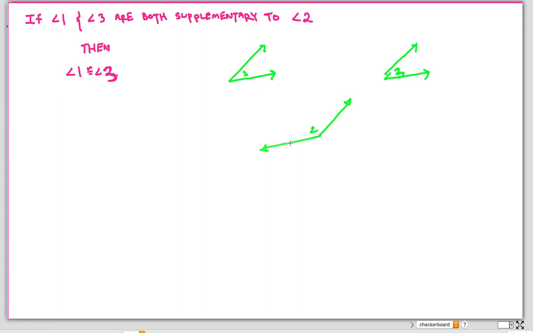And if it's the case that measure of 1 plus measure of 2 is 180, and also measure of 3 plus measure of 2 is 180, that must imply that these two angles are actually the same. And we're going to prove that with statements and reasons.